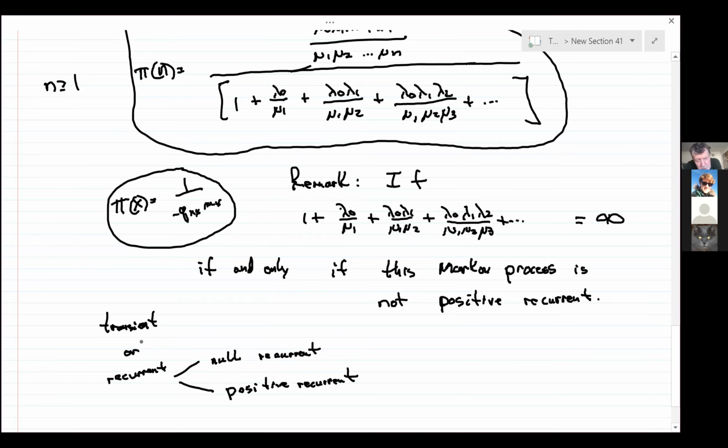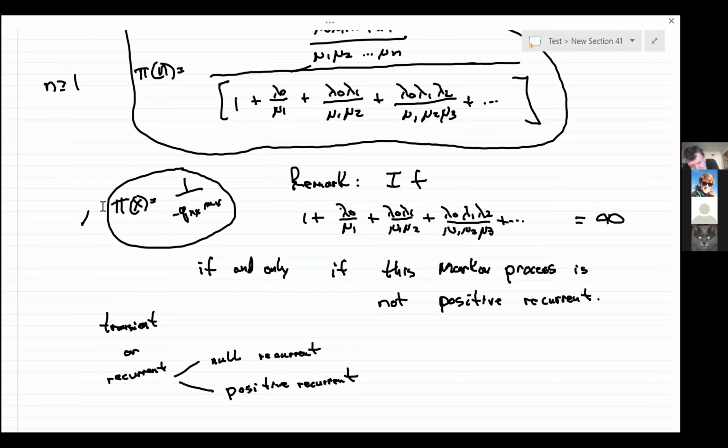So if the chain, if the process is birth death, irreducible, and positive recurrent, then we know there exists one stationary distribution that looks like this. But in the case we just have here, if this infinite series diverges, then it doesn't have a unique stationary distribution, which means we're either in the transient or null recurrent state.